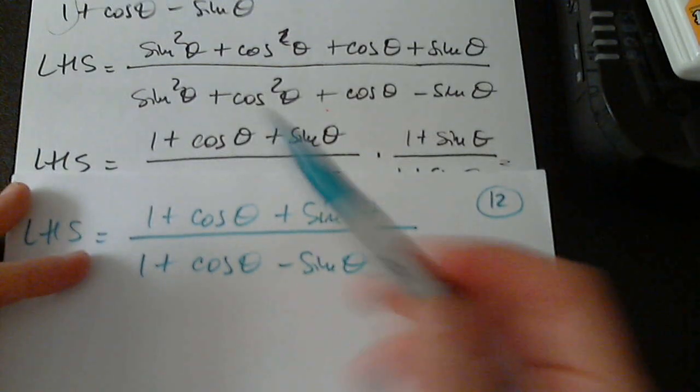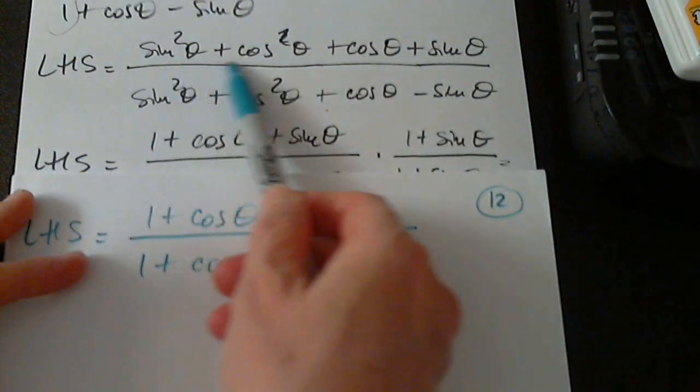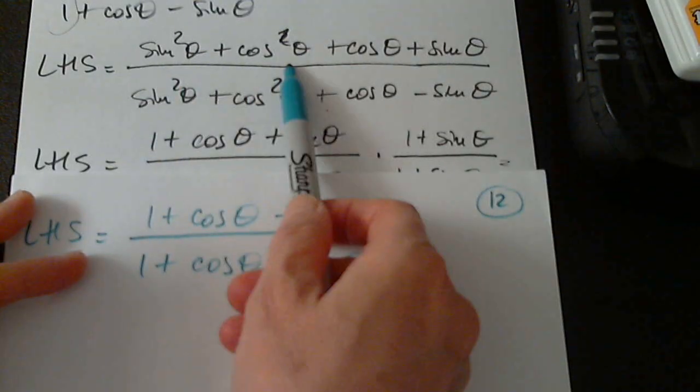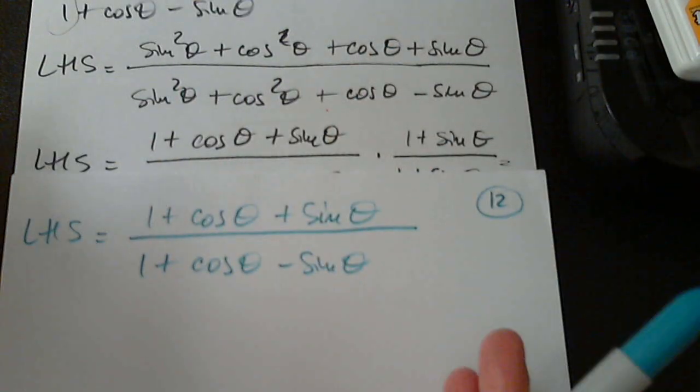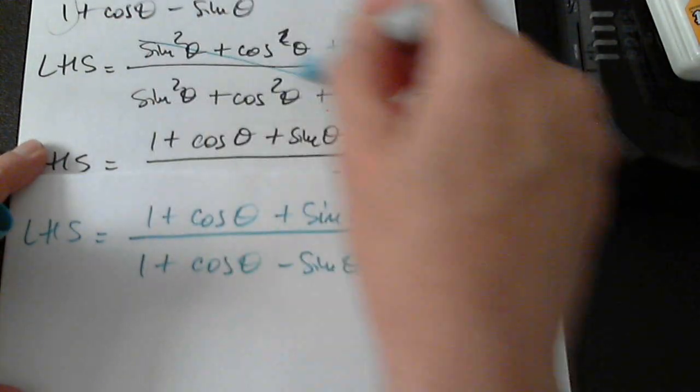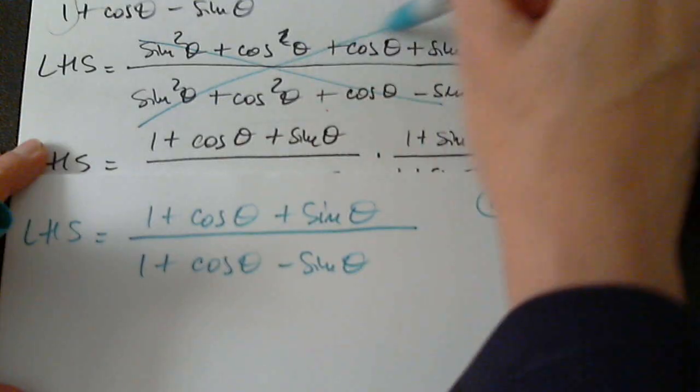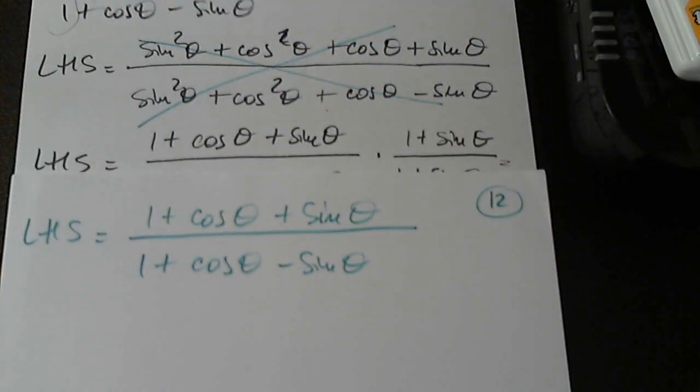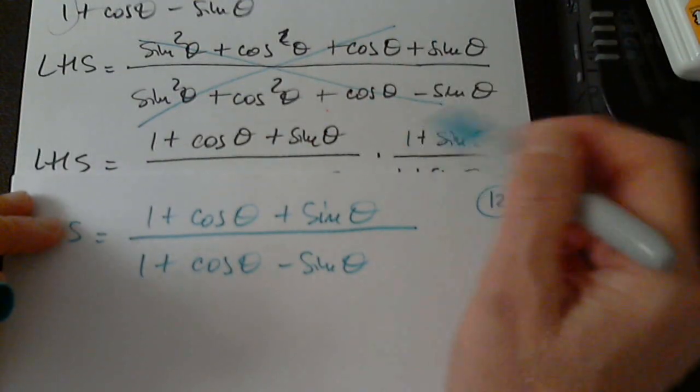I cannot simplify even if I change as I did initially. If I change 1 into sine squared plus cosine squared, nothing worked. I could not factor or simplify. So this, I'm going to cross it out so it doesn't confuse you. It's a path that I got stuck on immediately.